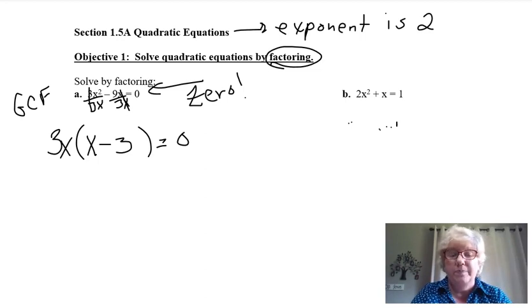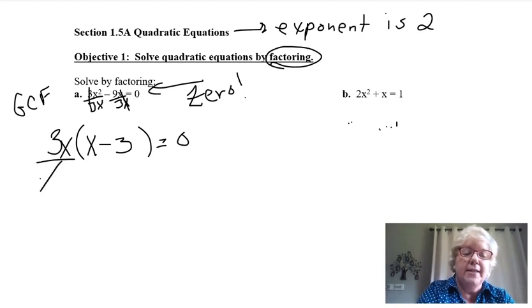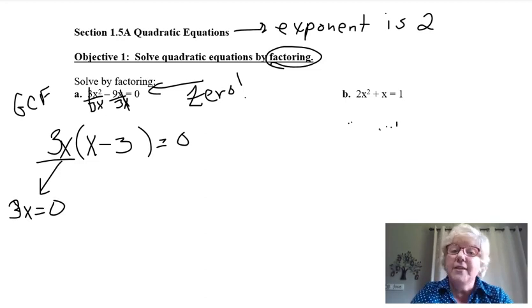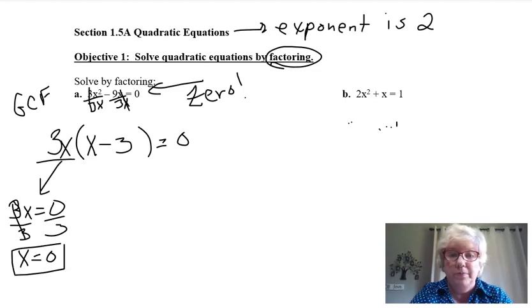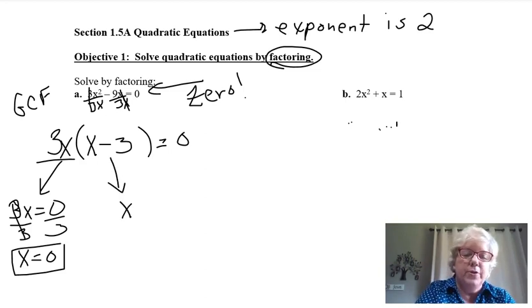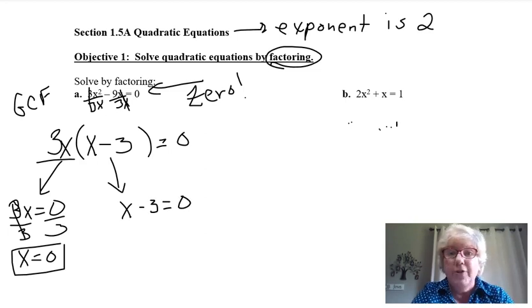Now it's factored. Take each part of the factor. So that means take the 3x that's in the front, set that equal to 0, and solve it. If I solve for x, I simply divide out the 3, and I get an answer of x equals 0. Then I will take the second factor, which is x minus 3, whatever you have in parentheses, and I will solve for x again.